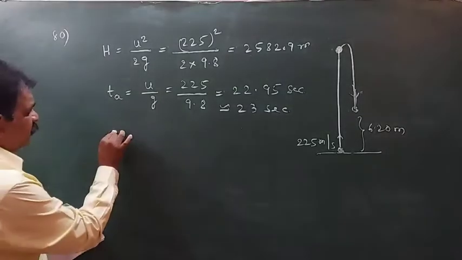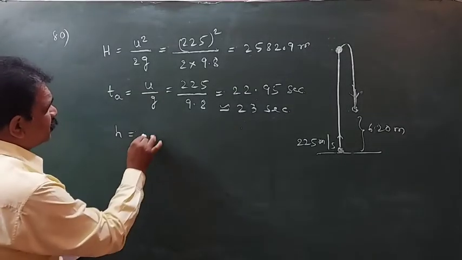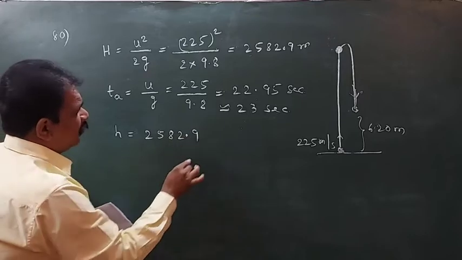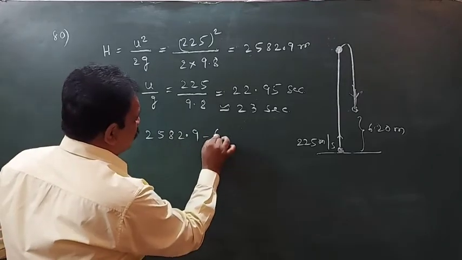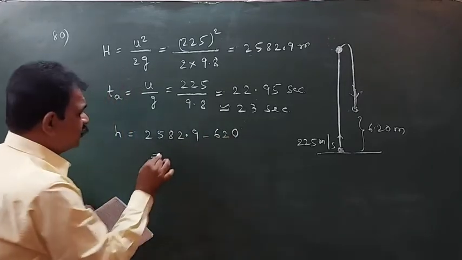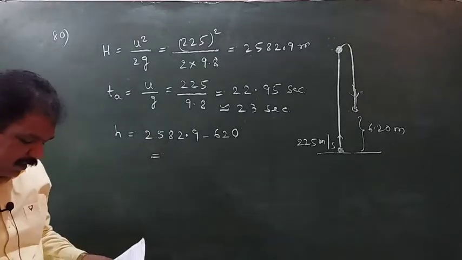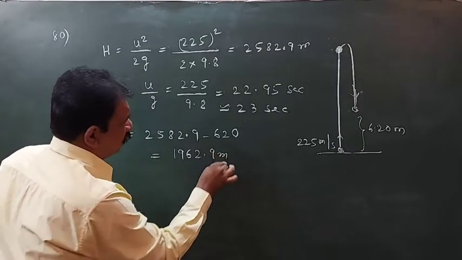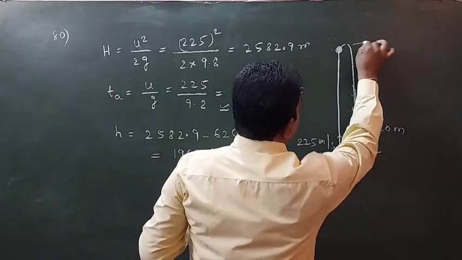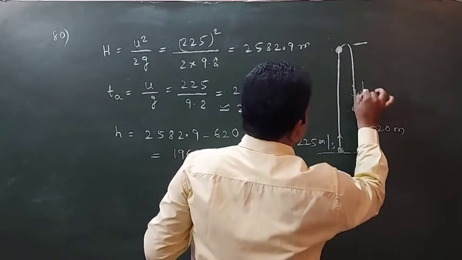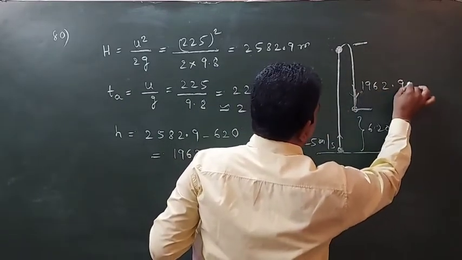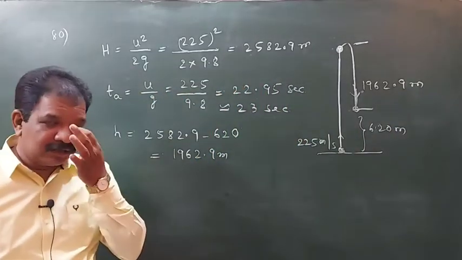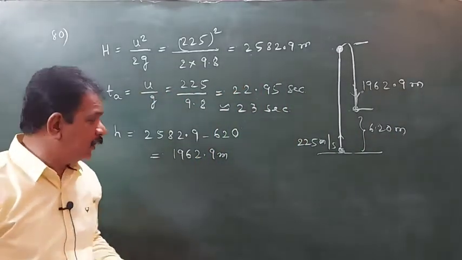So h is equal to 2582.9 minus 620, so this value is 1962.9 meters. Here to here distance is 1962.9 meters. To cover that distance, how much time is taken?